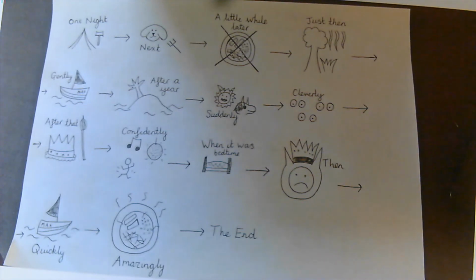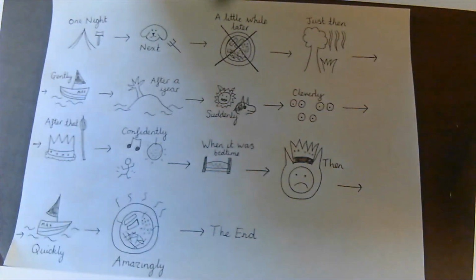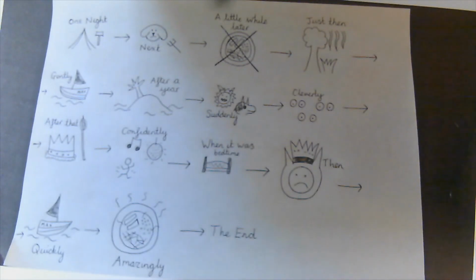Because tomorrow your task is to write this story using all the parts of the story that you have put together today. Okay, so it might be a good idea later on today to just look back at your story map and see if you can remember what you said, because tomorrow you are going to need to use it to write it. Okay, good luck with your stories tomorrow.